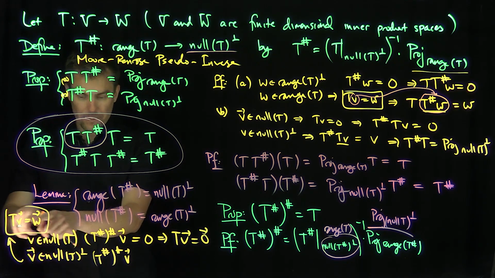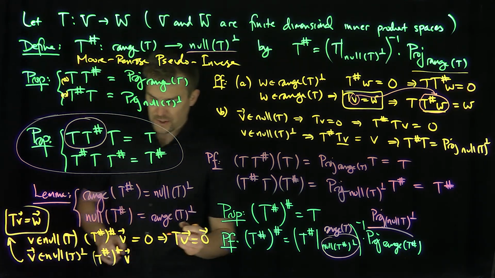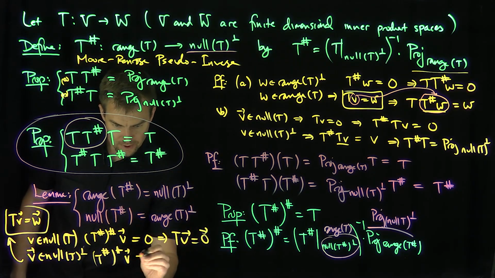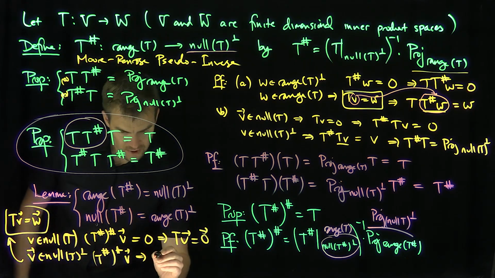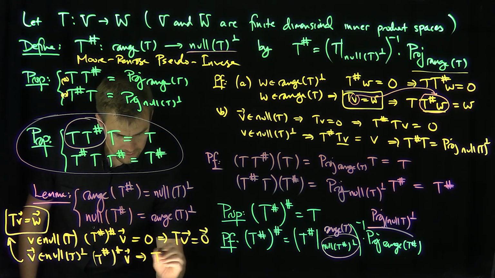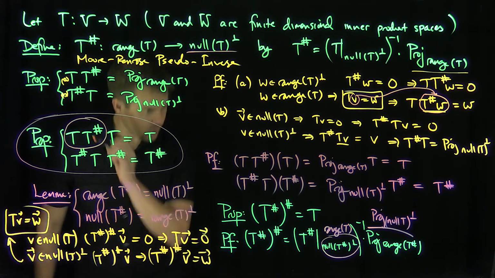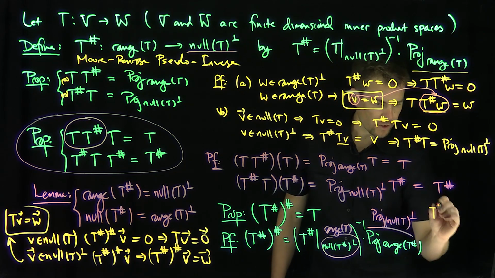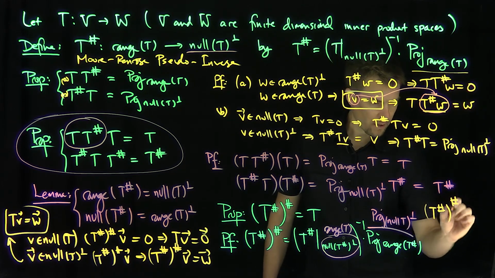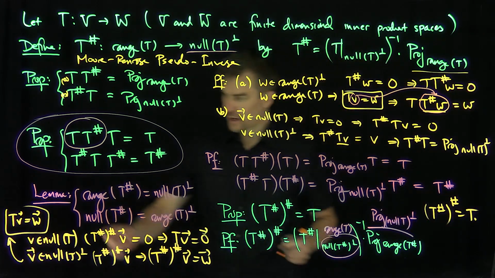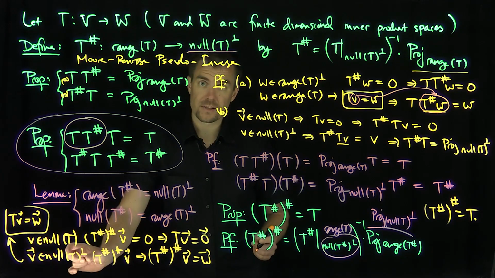We know T sharp of w is going to be equal to v, right? So this is just going to be w. So in other words, T sharp sharp of v is also equal to w, and that proves that T sharp sharp is equal to T, because it agrees on both the null space of T and the null space of T perpendicular.